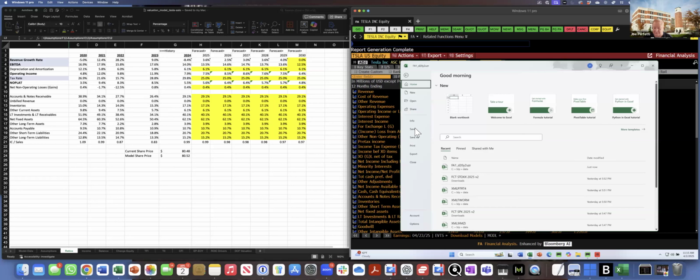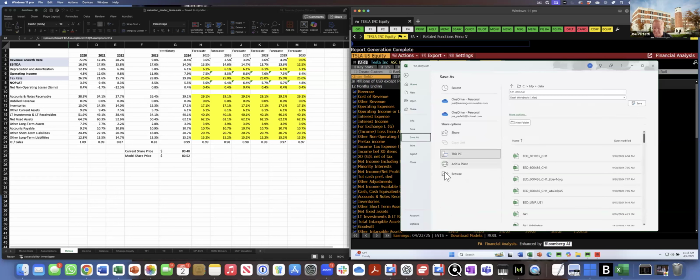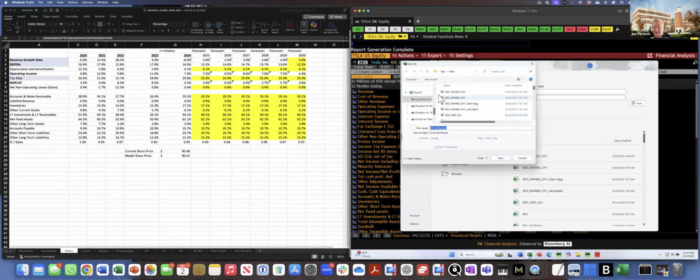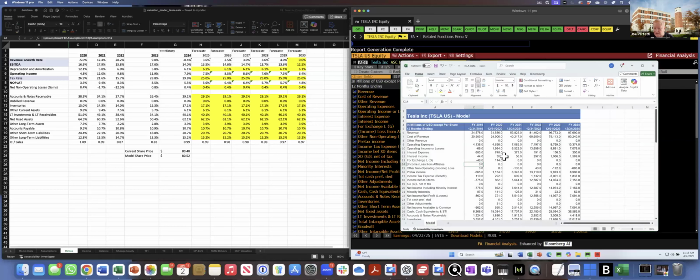So file, save as. And this is going to be in my downloads folder. This is my Tesla data. Okay.